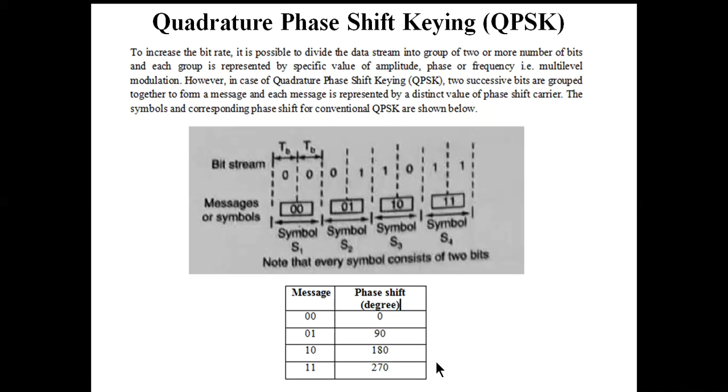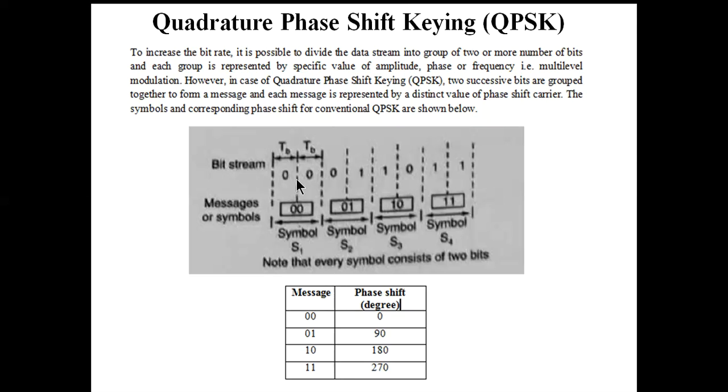In case of BPSK, for 1 there is no phase shift, and for 0 there is a biphase shift. However, in case of QPSK, we took two successive bits, made groups of them, and for each group we assign a different phase shift for the carrier.